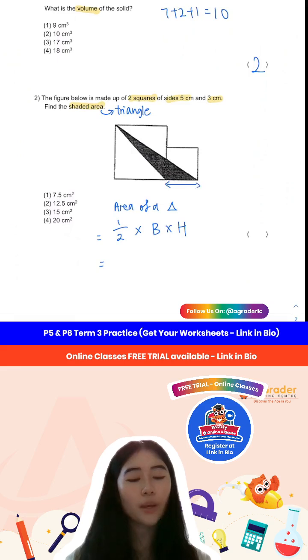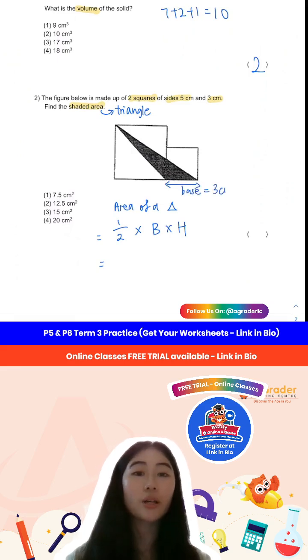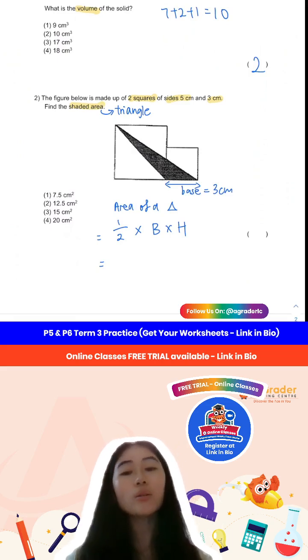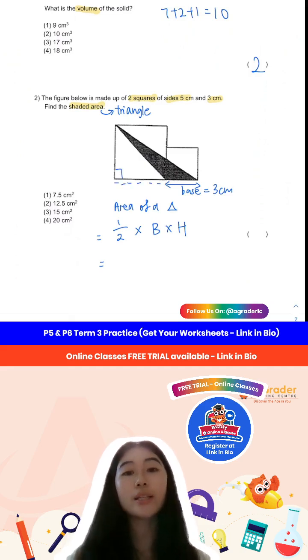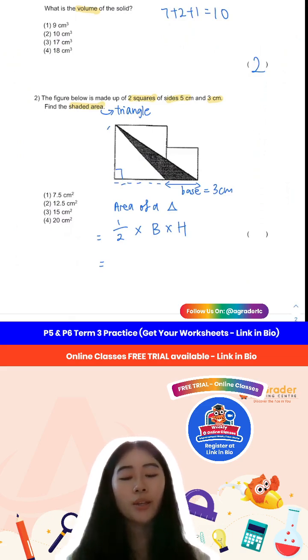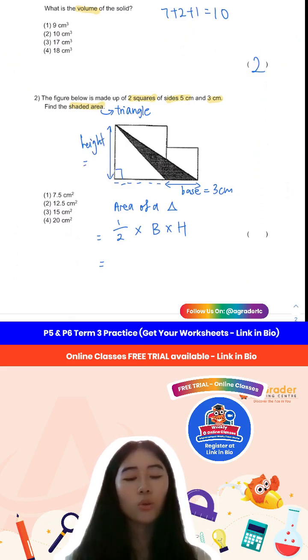So this should be the base of your triangle, which is 3 cm. That's correct. So how do you get the height? You need to extend the base towards the left until you see that a right angle is formed. And then you can go vertically upwards. And then that is your height. So yeah, that's right.